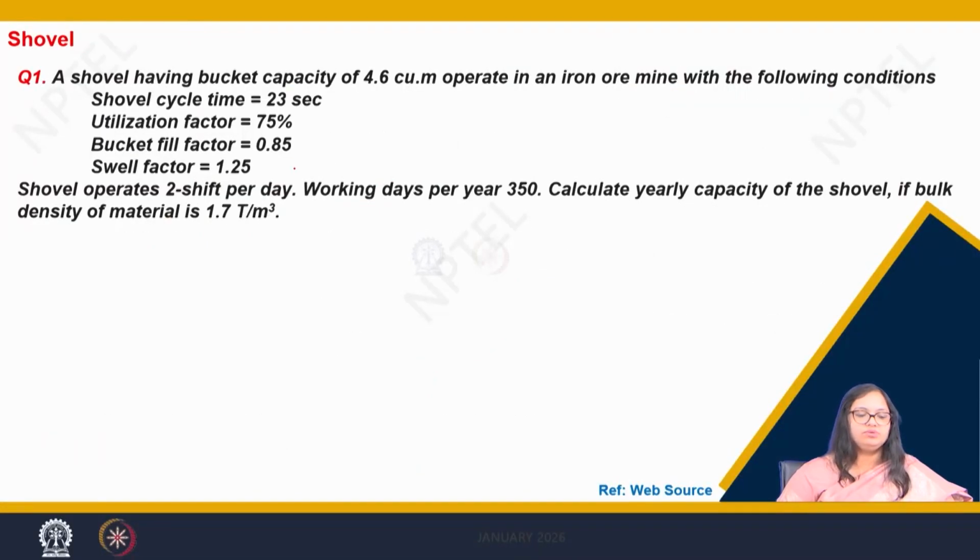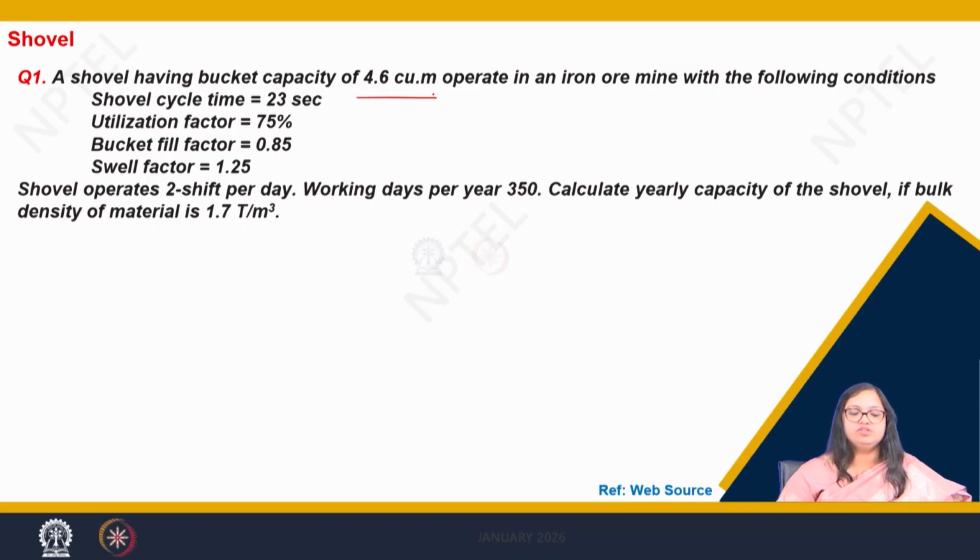Now, coming to the problem that we need to solve for shovel. So, where we have the first tutorial question, a shovel having bucket capacity of 4.6 cubic meter operates in an iron ore mine with the following conditions.